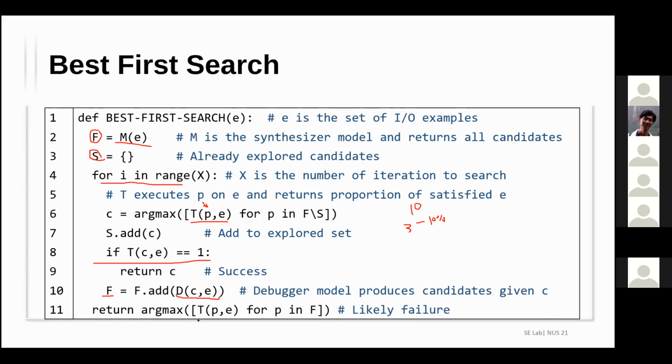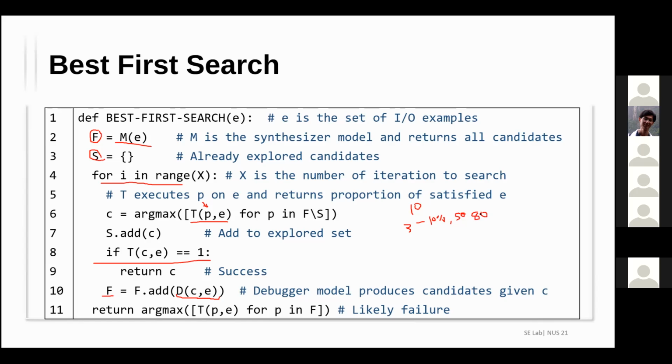Yeah, so for example, it's possible that the debugger might create candidates that are worse than the existing set. Let's say right now I have 3 different programs. One is 10%, one is maybe 50% success rate, and one of them is 80% success rate.